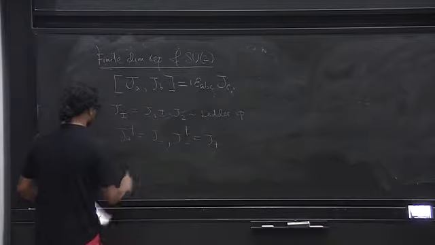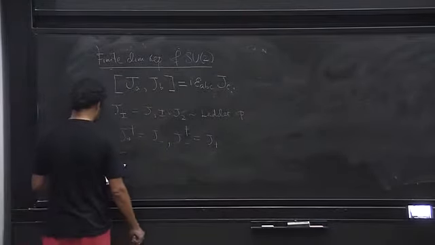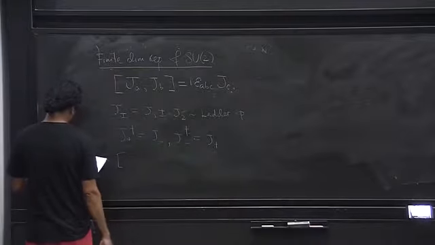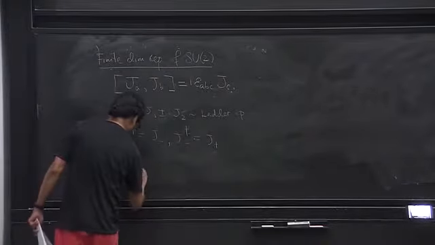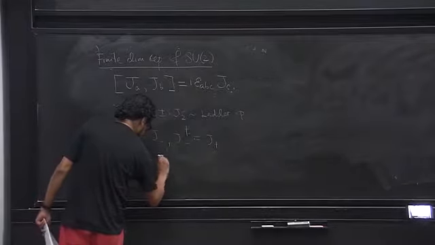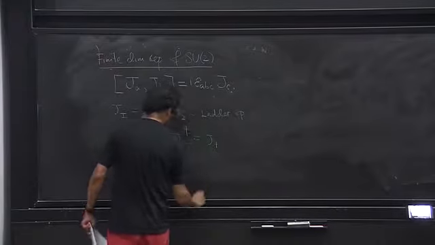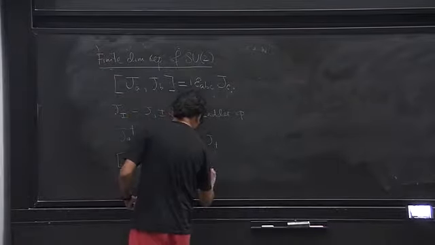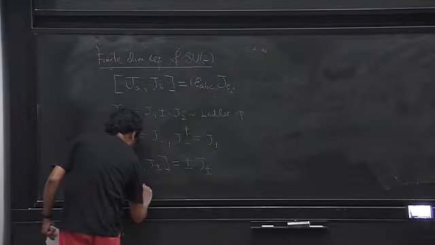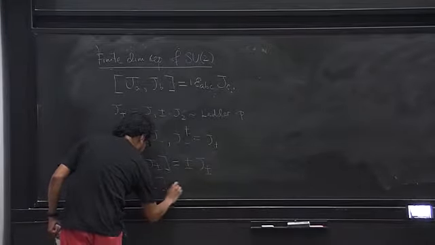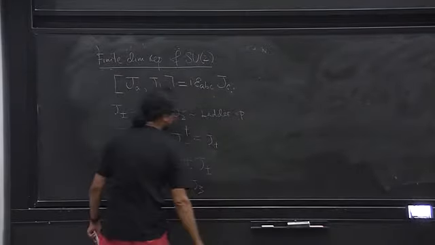In terms of the ladder operators, the Lie algebra of SU(2) or SO(3) becomes a part that looks like this, and a part that is the commutator of J plus and J minus, which is 2 J3. Okay.